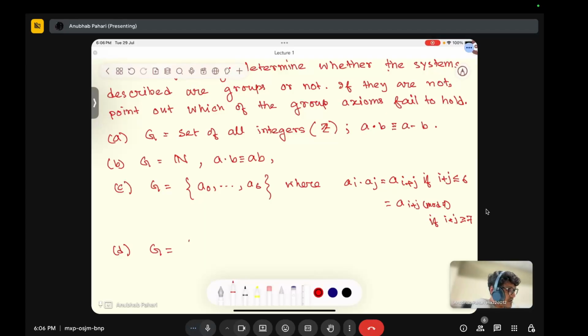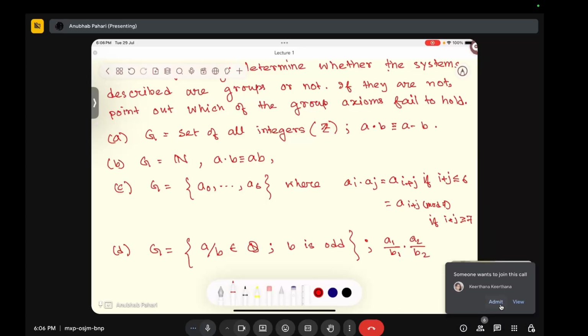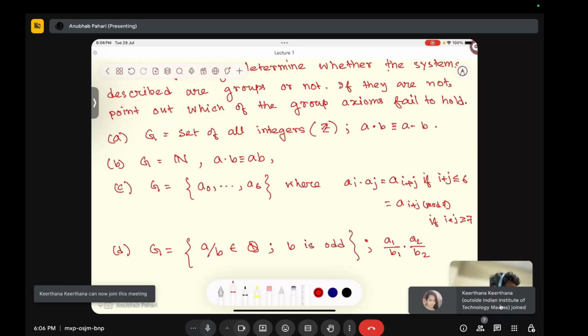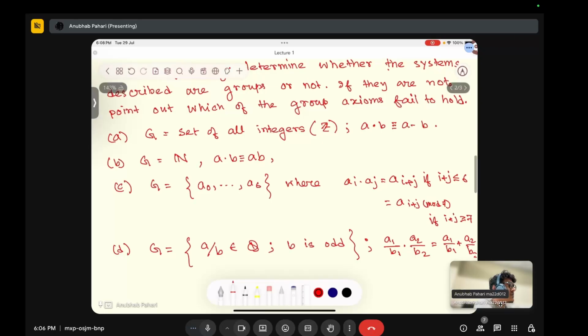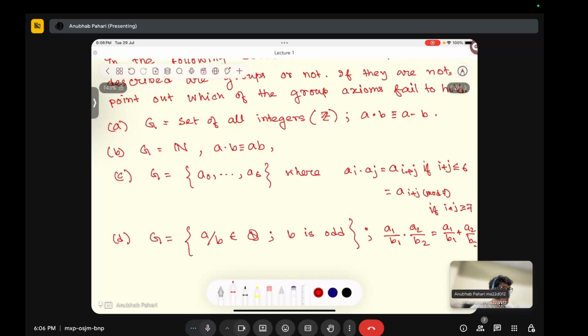So you should note it down as a/b belongs to Q, b is odd, and the operation should be a1/b1 dot a2/b2 should be their addition, the usual addition of rational numbers.